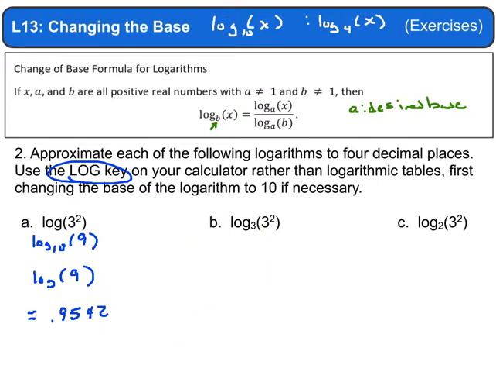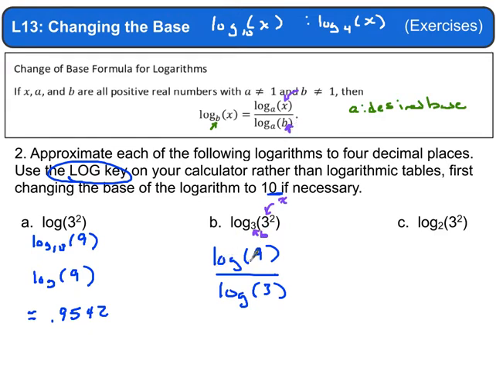Now if we look at this one, obviously we are not in base 10. They want us to go to base 10 before we do the calculation. So that means if I want to change base, I'm going to rewrite this as log 9, because that's what 3 squared is, over log 3, right? So just to reemphasize this, this serves as my x that we're talking about here, and this 3 here serves as my b, which is written here.